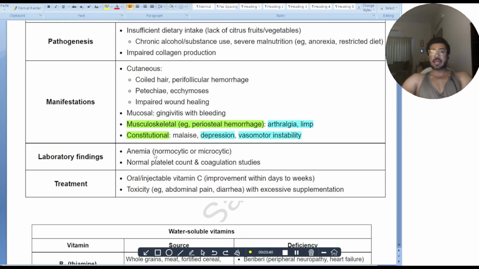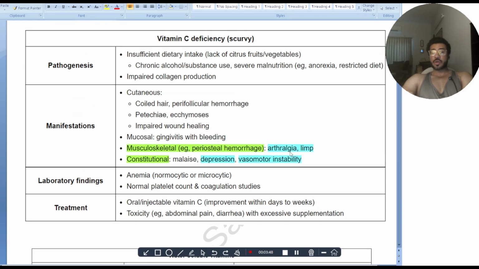So you also get anemia in the CBC. Why do you get anemia? The reason behind anemia is that vitamin C, when ingested, results in the conversion of iron from Fe plus 3 to Fe plus 2. That is the form that is absorbable by the gut lining. So inadequate intake of vitamin C basically indirectly results in inadequate absorption of iron from the gastrointestinal tract.